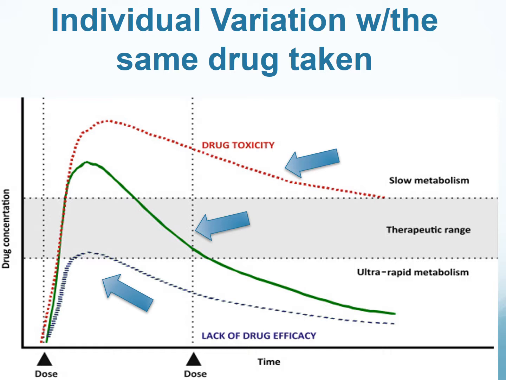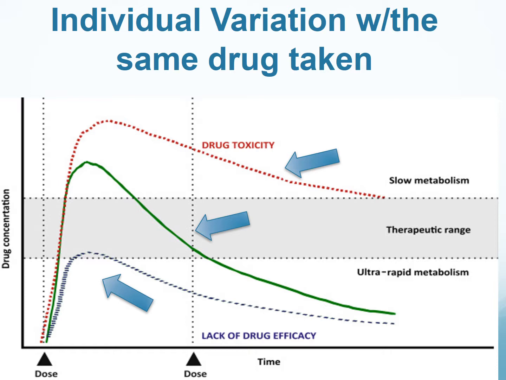So in the example of the citalopram, those patients are not going to be able to break it down, and they're going to tell you, oh my gosh, I felt sluggish, or I was terribly nauseated and I just stopped taking it. This is the individual variation that, as you will see, is due to genetics or pharmacogenetics.